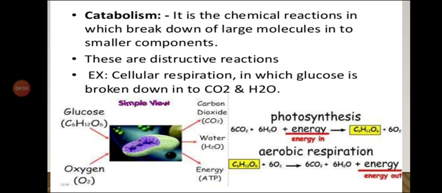For example, cellular respiration, in which glucose is broken down into carbon dioxide and water. Is it clear? This is the first characteristic, that is metabolism. Every living organism shows this characteristic.